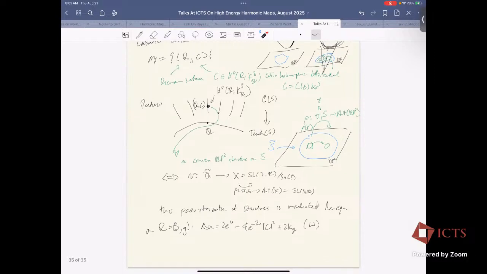Then once you have the affine sphere, that's enough by this other construction to get you a minimal surface. Okay, so I am talking about minimal surfaces, so I'm not entirely disqualified from this conference.